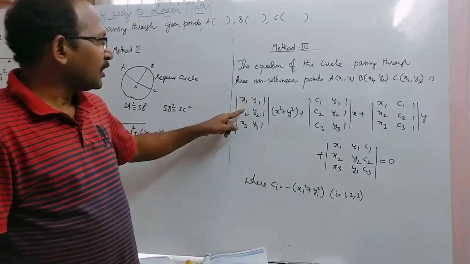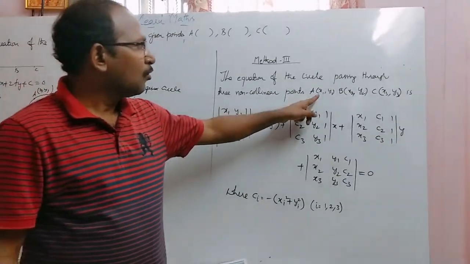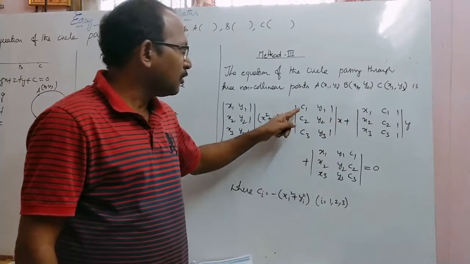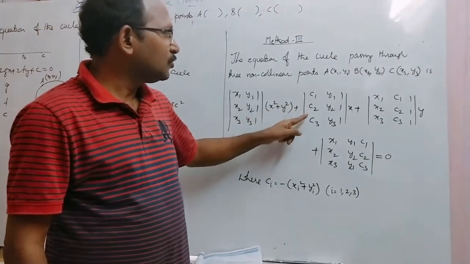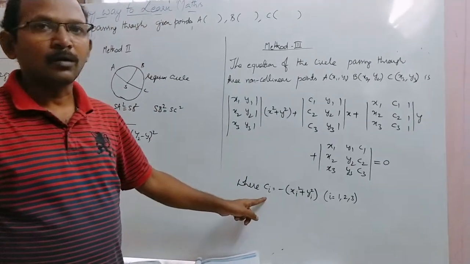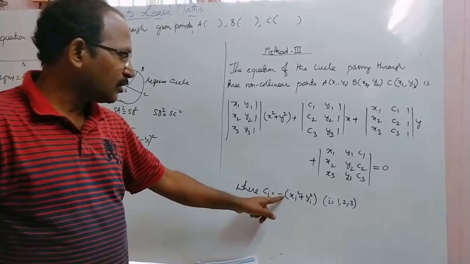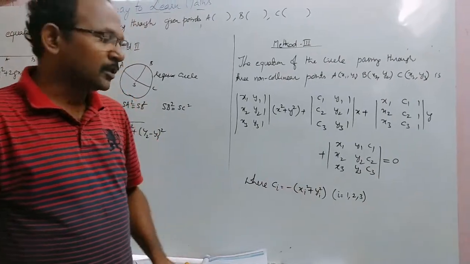Here we know that x1, y1, x2, y2, x3, y3 are the coordinates of A, B and C. Here we have to observe c1, c2, c3. We will derive c1, c2, c3 by using the formula ci is equal to minus of xi square plus yi square.